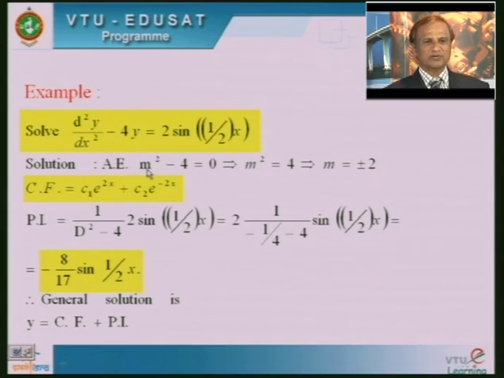We will get an auxiliary equation, m square minus 4 is equal to 0, or m square is equal to 4, or we can obtain m is equal to plus or minus 2 as the roots of the equation. On the basis of the nature of the roots, we are able to write down a complementary function. Is it clear?